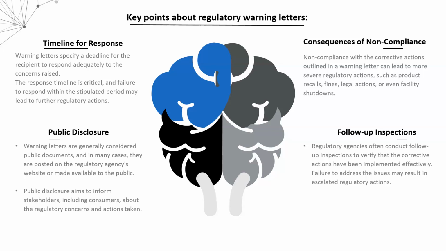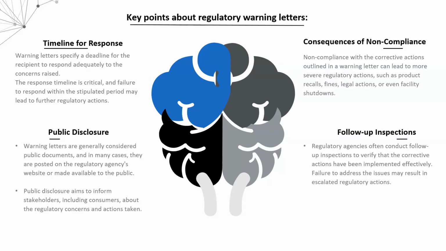And public disclosure. Normally, these warning letters will be kept in the open public domain so that stakeholders, people, and employees of the company, everyone should know what the deficiencies of that company are, and what criticality they are going through.